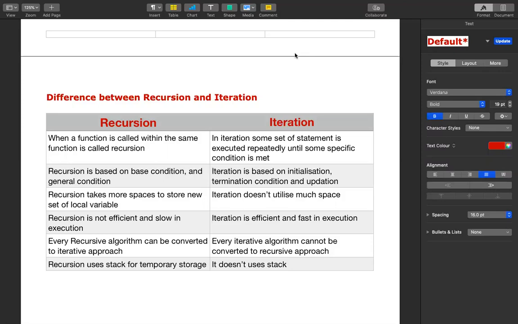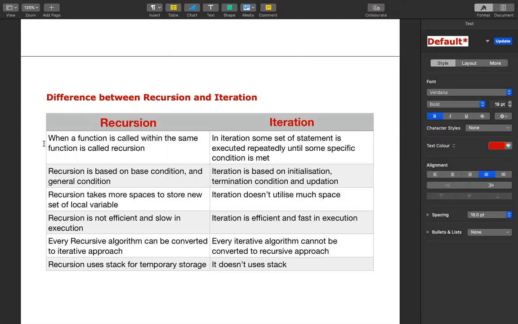So that gives me a chance to explain what exactly a recursion and an iteration are and how they differ. Okay, so let us see one by one.